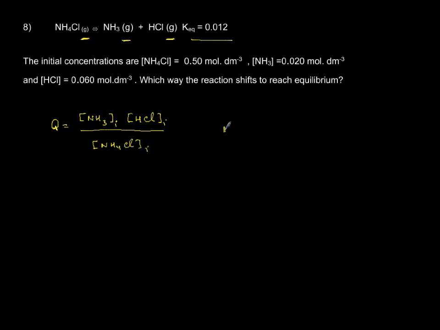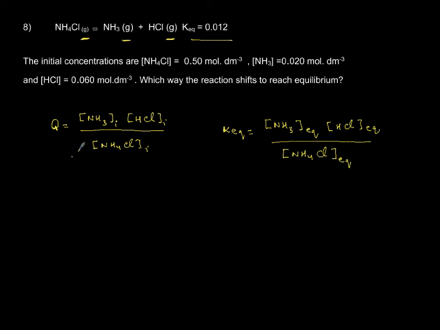The only difference is that for K, concentrations are really at equilibrium, so the two numbers are not necessarily the same. If the two numbers are the same, you are at equilibrium. If not, you have to decide which way you're shifting. Are you going toward product or reactant?